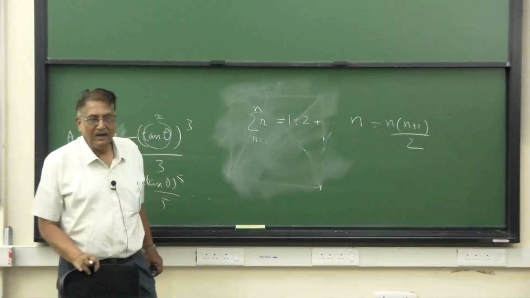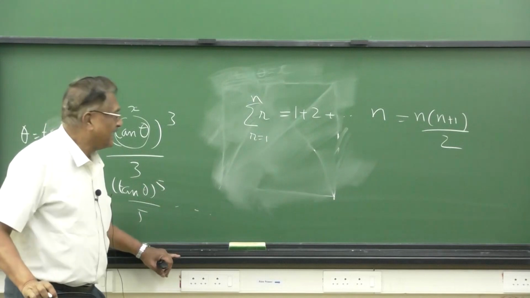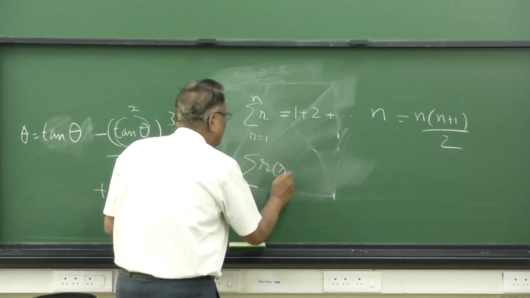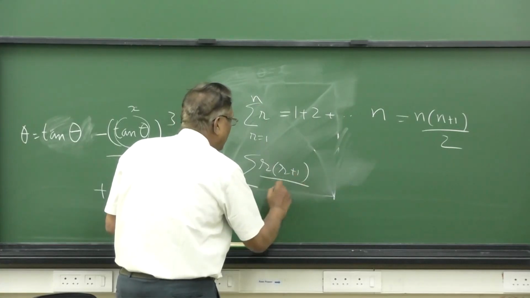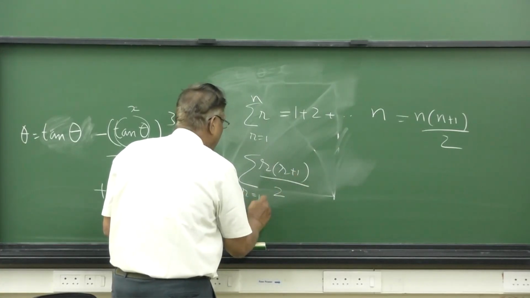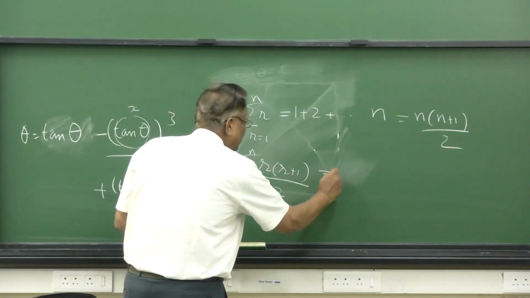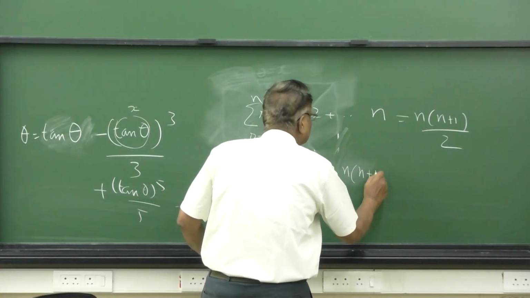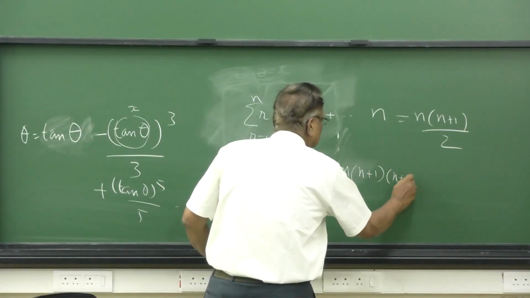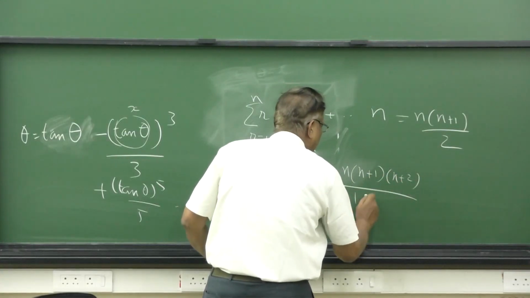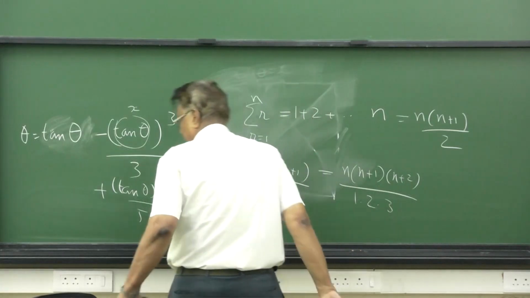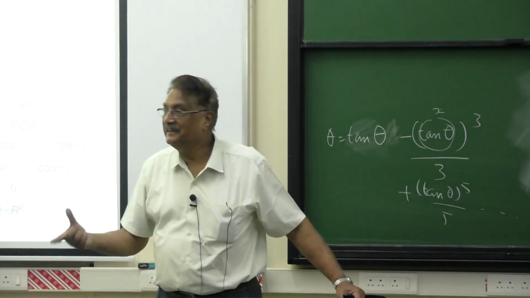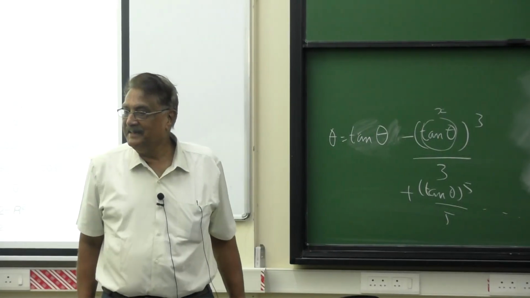Then Aryabhatta also considers the next one, the sum of sums, sigma r into r plus 1 by 2, in fact that can be shown to be this. This is there in Aryabhatta. See, up to this they knew. But further, it is not that easy.